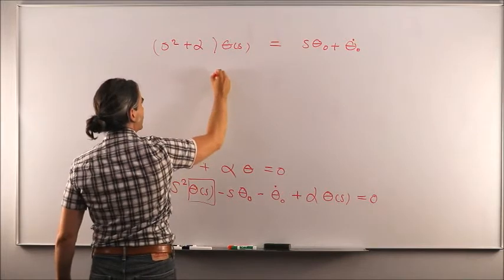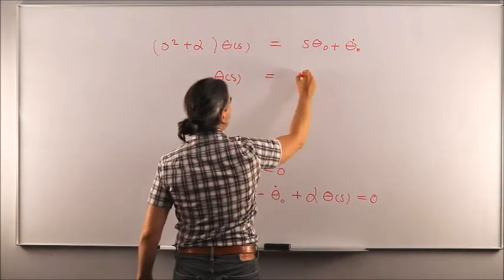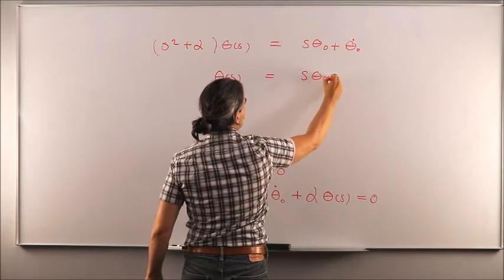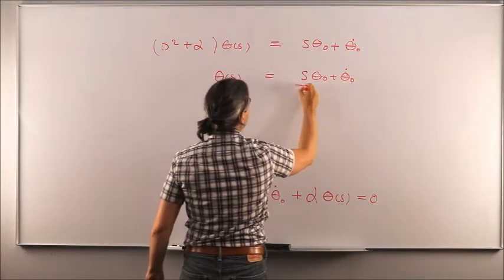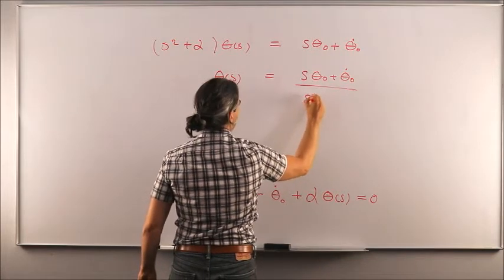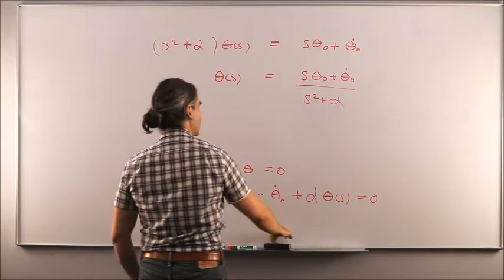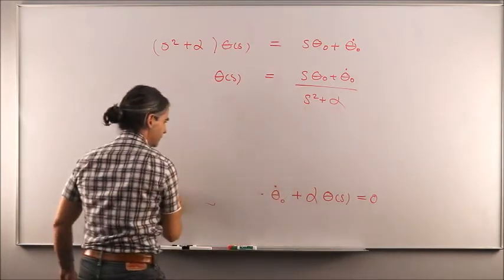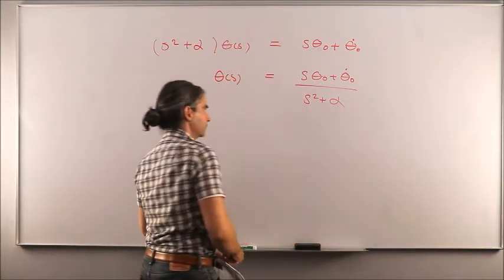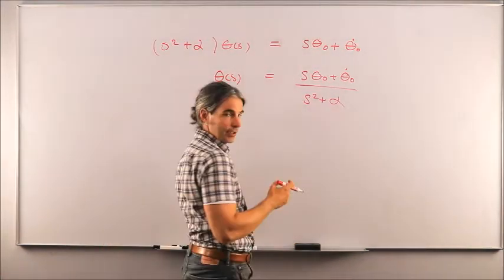Alternatively, theta of s is equal to the initial conditions over s squared plus alpha. Yes, we like that kind of transfer function, don't we? Because it is so simple from there to analyze the stability.